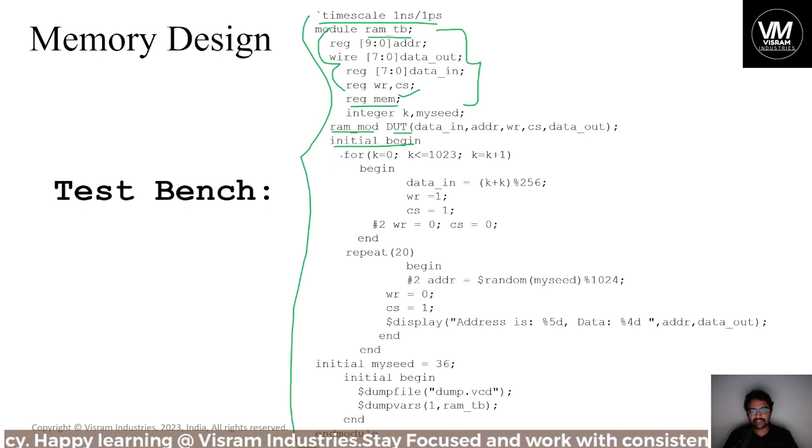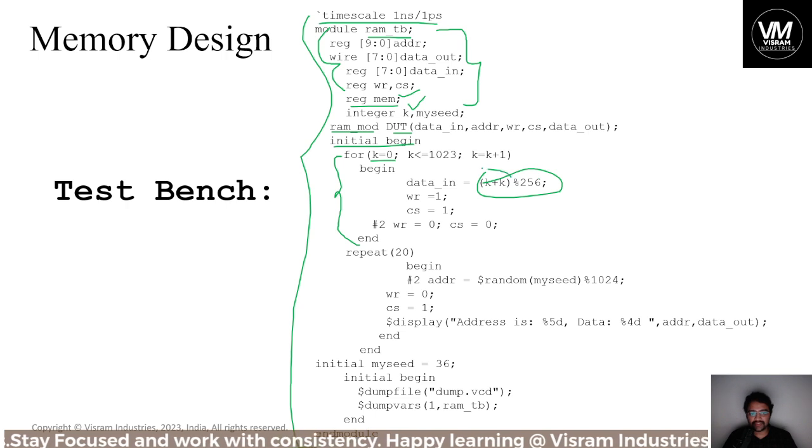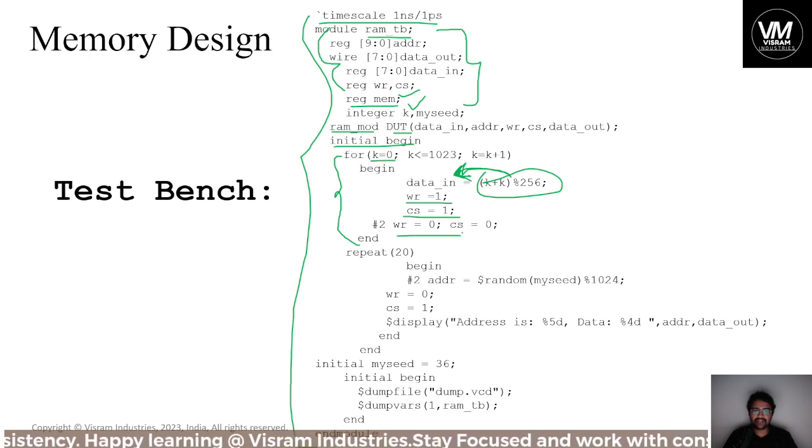Now let us start with the for loop, and for the for loop, initial k, integer k. What are we doing? We are having the data in at different locations. So k plus k percentage 256, that location we are getting, and from that we are accessing the data, and now write enable and chip select are also enabled. After 2 nanoseconds, write is 0 and CS is 0.